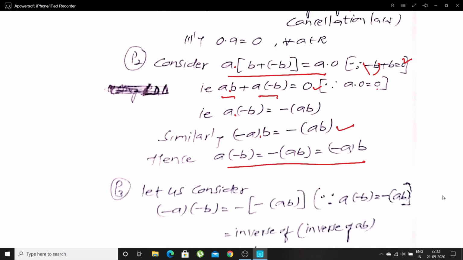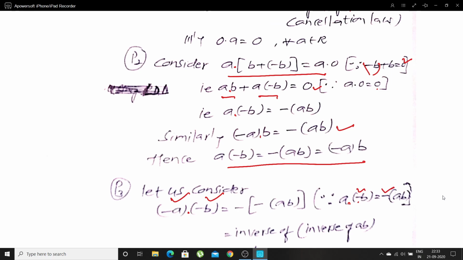Now, third property. Let us consider the product of two elements. First element is minus a, second element is minus b. Product of these two elements can be written as minus of minus ab, because what the second property says, a dot of minus b can be written as minus of ab. Here minus is inside. Now we write minus in the beginning.